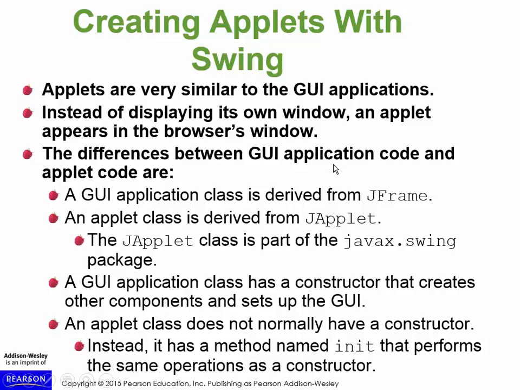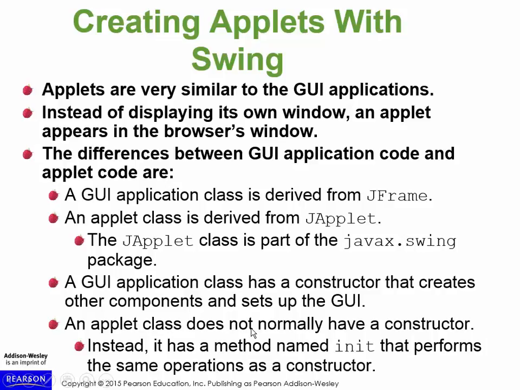Some of the differences between GUI apps and applet code. A GUI app is derived from JFrame, whereas an applet is derived from JApplet. JApplet, notice, is part of javax.swing, so you'll end up importing that in everything you create as far as applets go. A GUI application class has a constructor. An applet class normally does not have a constructor.